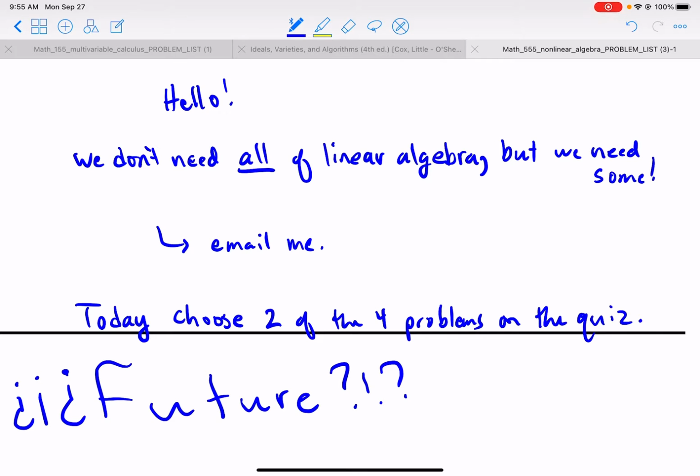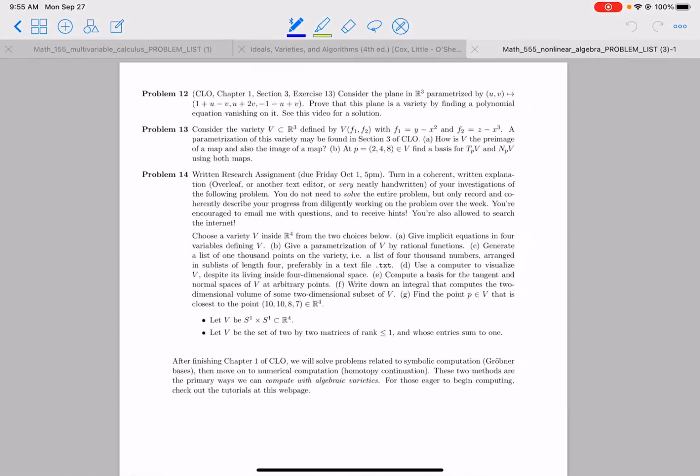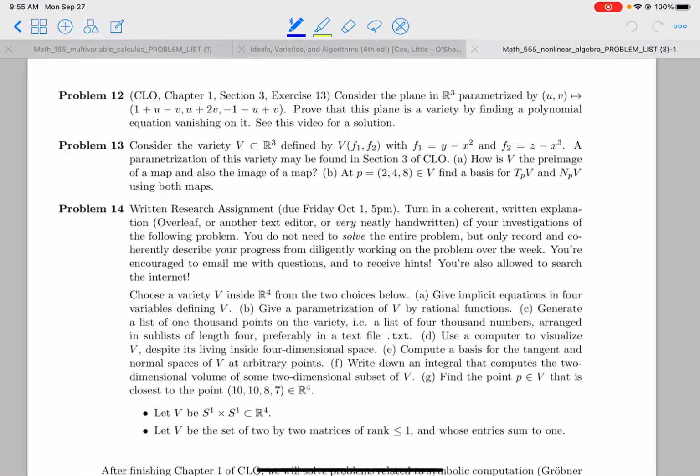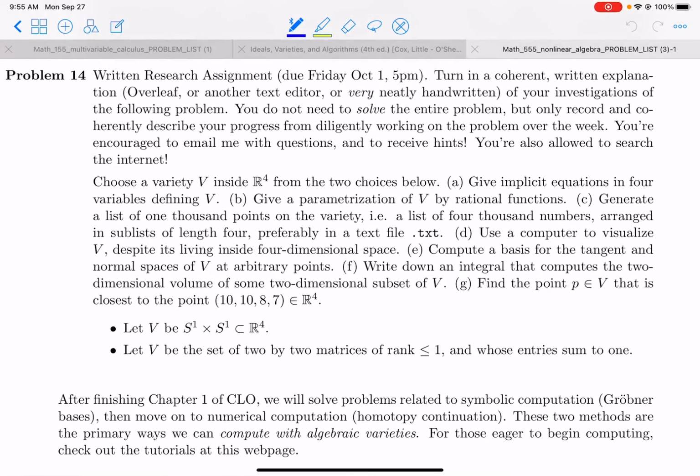Okay. So for that, we will zoom out. The updated problem list, of course, has your familiar 1 through 13. But now, what is problem 14? I'm going to talk about this, and after I talk about this, we're going to take the quiz.